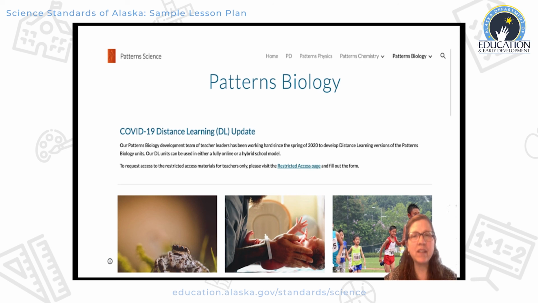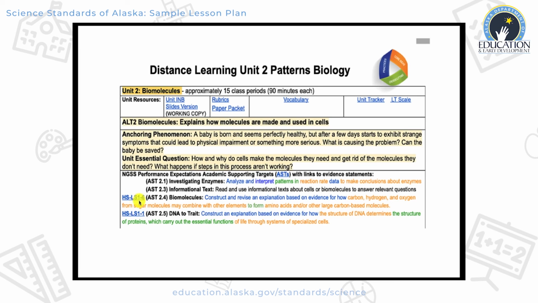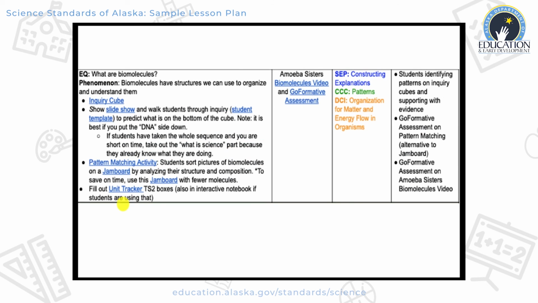And if you take a look at how the unit is organized, here you'll see the Alaska Science Standard, and it's labeled the same way it is in our standards in this lesson plan. You might see some other references as well, but they crosswalk very nicely with our standards.